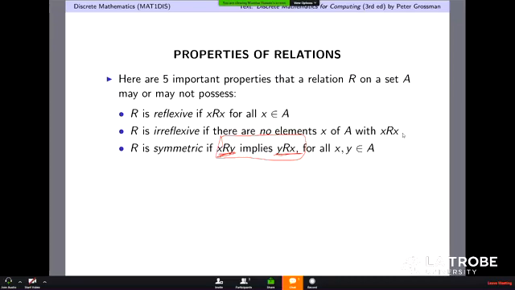If x is related to y, we want to look at some kind of a relation that would also imply y is related to x. It is January in January. What's the relation?